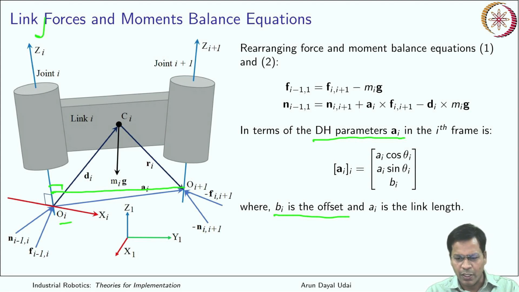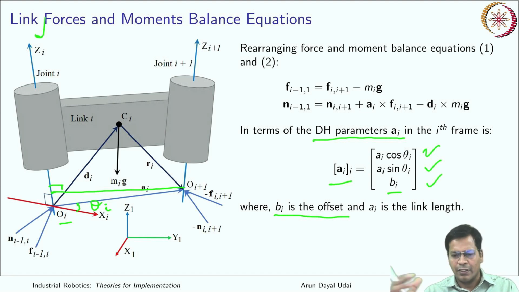So that is your Bi, that is also there. So if at all this link makes an angle theta I from here, so you can write Ai in ith frame as Ai cos theta, Ai sin theta and Bi. So that is what are the three offsets that you see from your origin OI that creates the position vector Ai in ith frame. Okay, so that is how it is written.